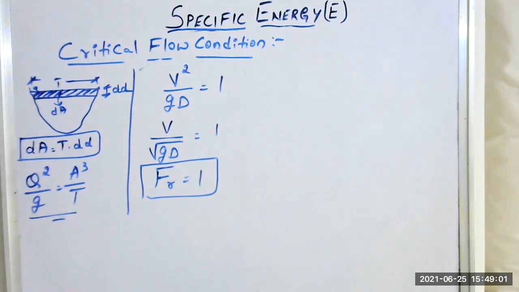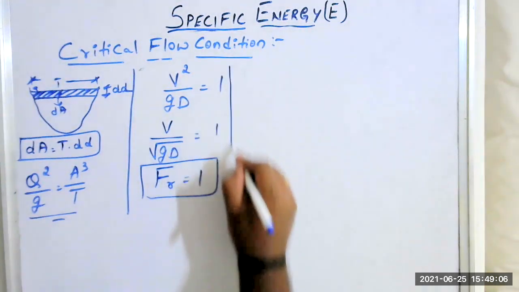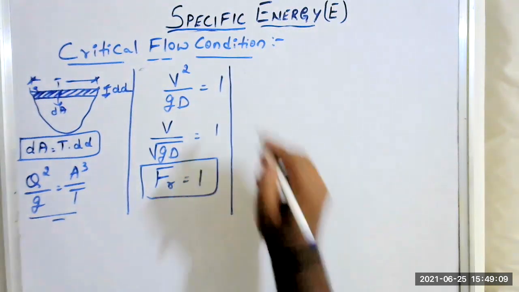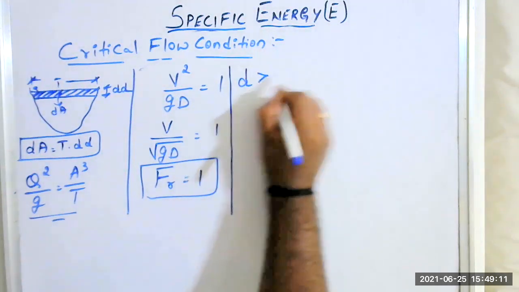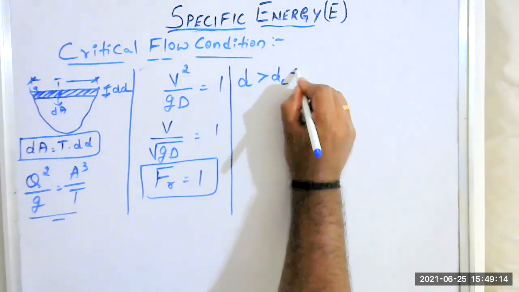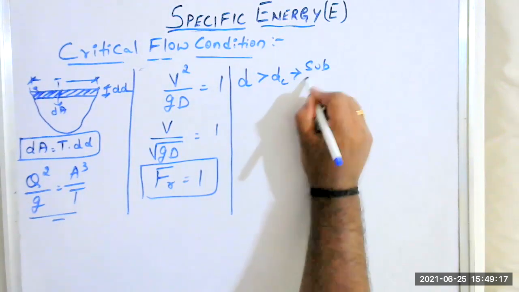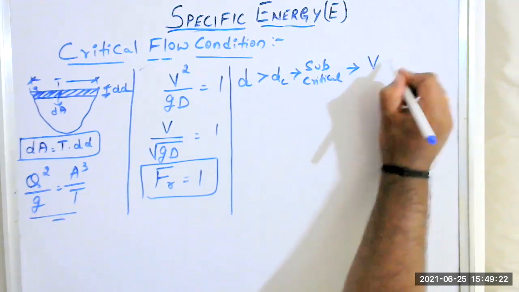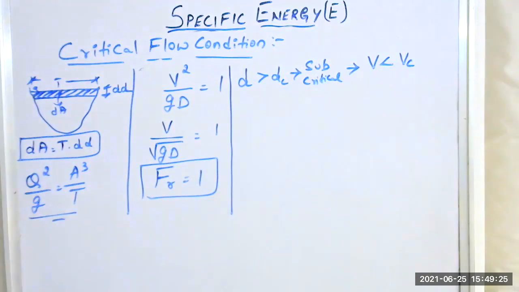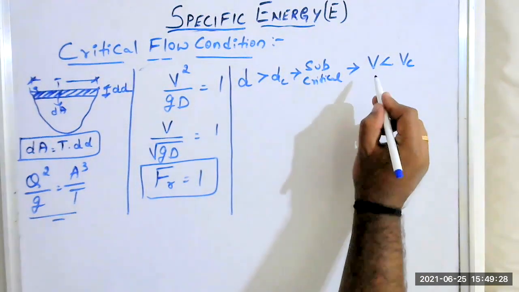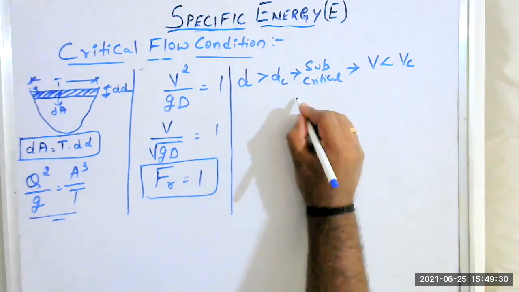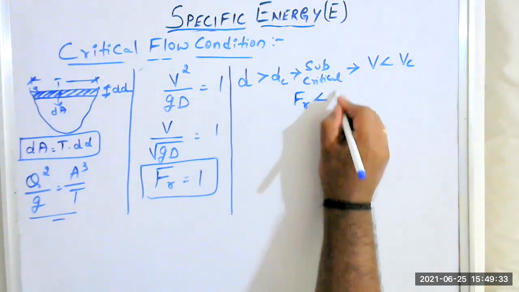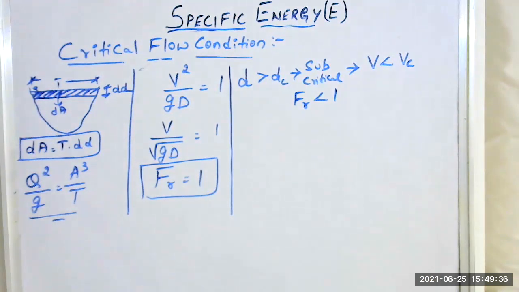While discussing the specific energy curve, I also told about the subcritical flow and the supercritical flow. For the subcritical flow, the depth of flow is greater than the critical depth. In subcritical flow, the velocity is less than the critical velocity. Since the velocity is less than the critical velocity, the Froude's number for the subcritical flow is less than 1.